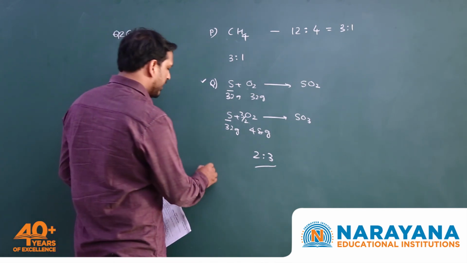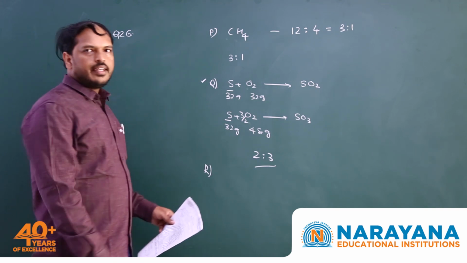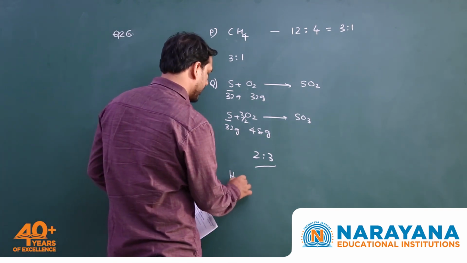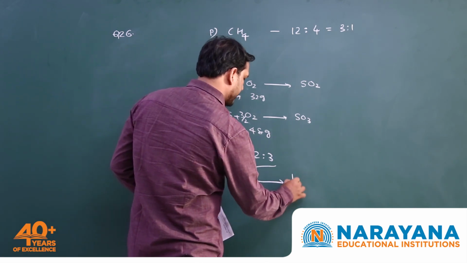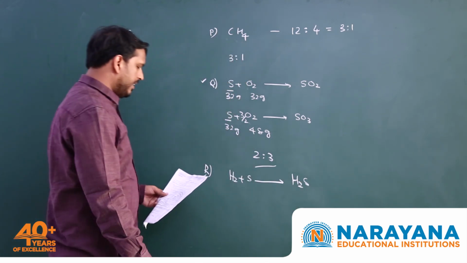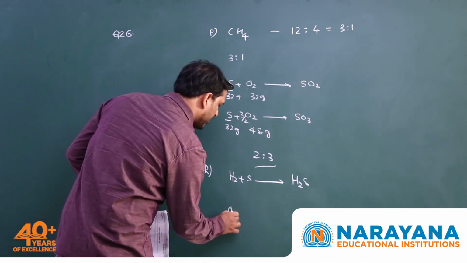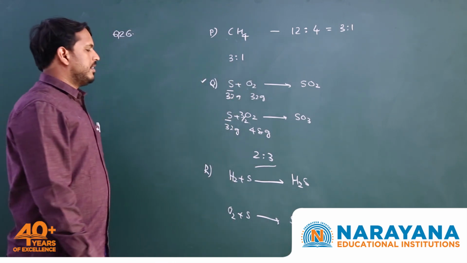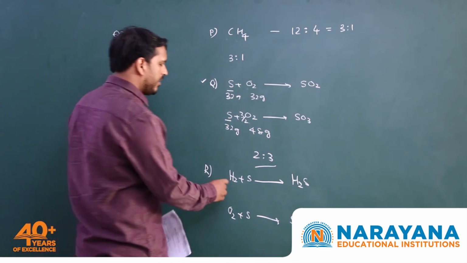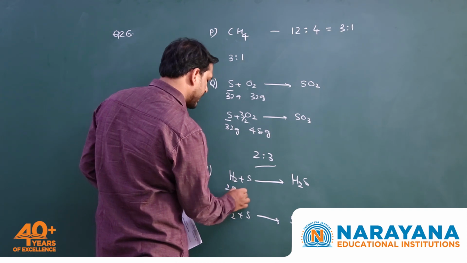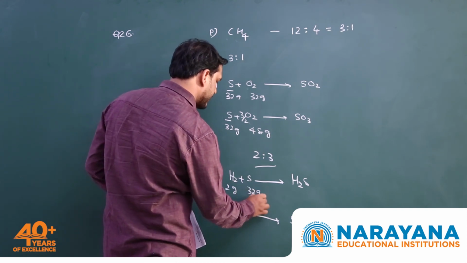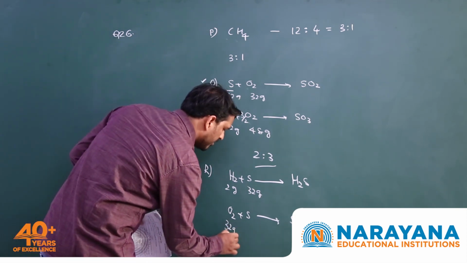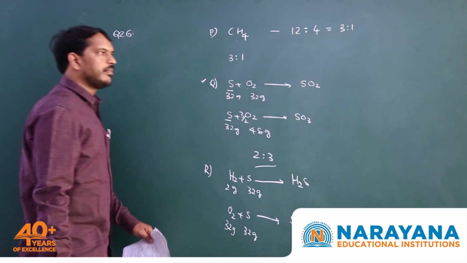Now, if you take the third option, in these two products are given, that is formation of H2S and formation of SO2. So, if you take here how much H2 is used? 2 grams with 1 mole, that is 32 grams. How much O2 is used here? 32 grams with 32 grams.